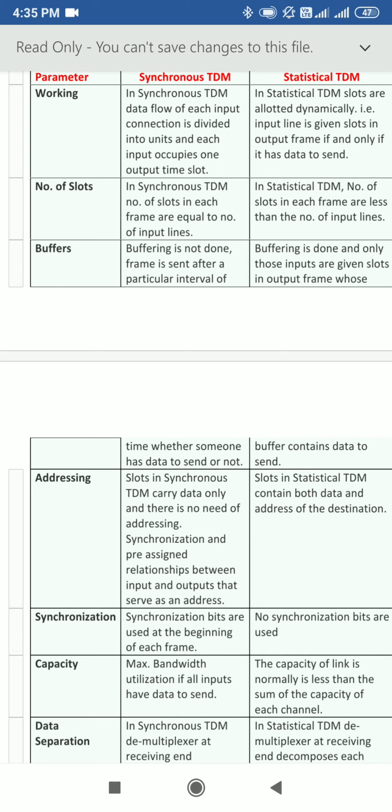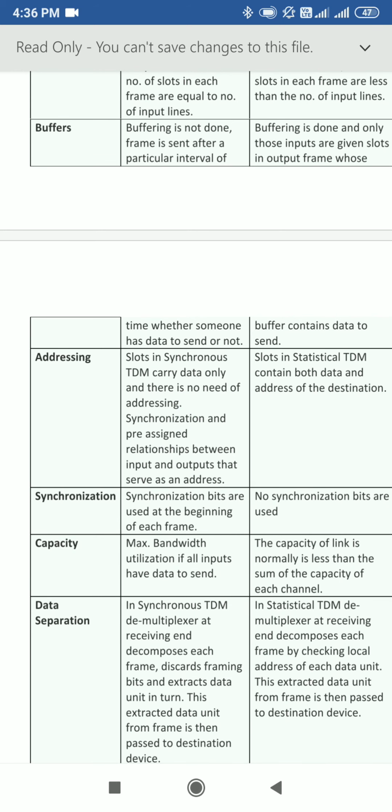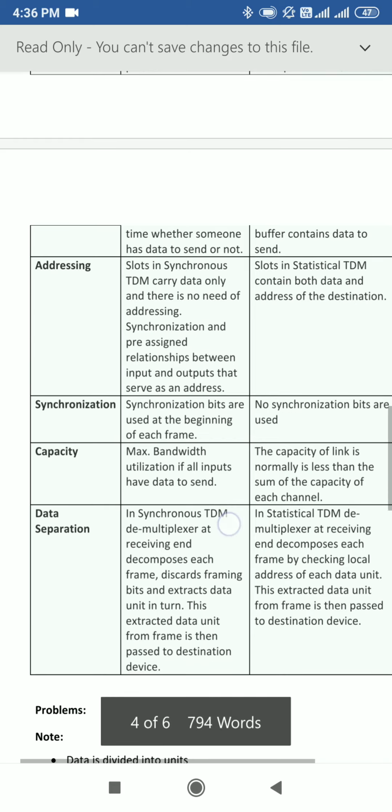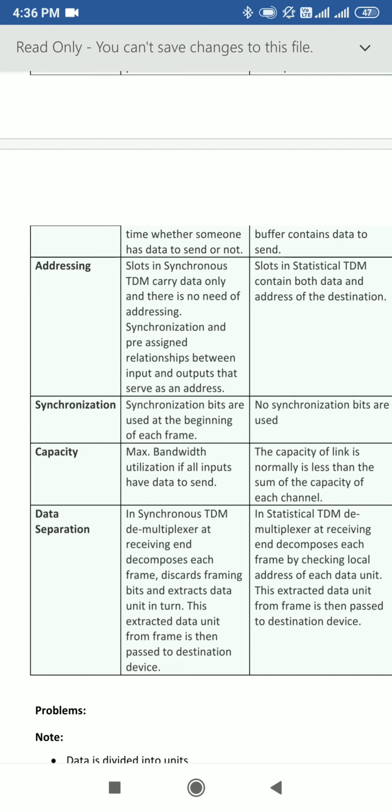In synchronous TDM, no buffering is used, but in statistical TDM, buffering is done. This buffering is done to provide the output time slots on demand. Then you have addressing. There is no addressing in synchronous, but there is an addressing concept in statistical to identify which device the data belongs to.